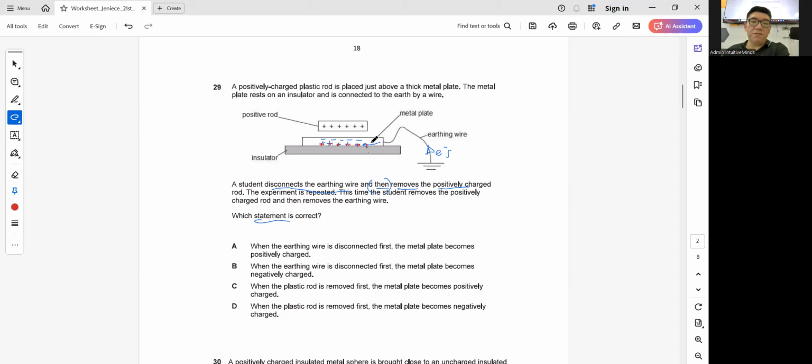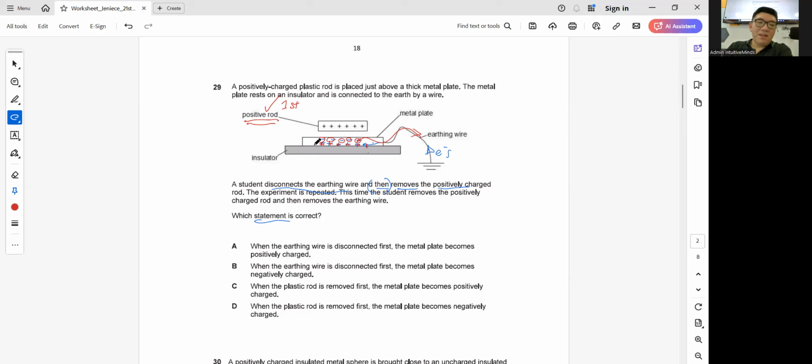But if you remove the rod first, okay, you will have all these negative charges flowing out because the rod is no longer there to hold the charges in place. These negative charges have a free will on their own.